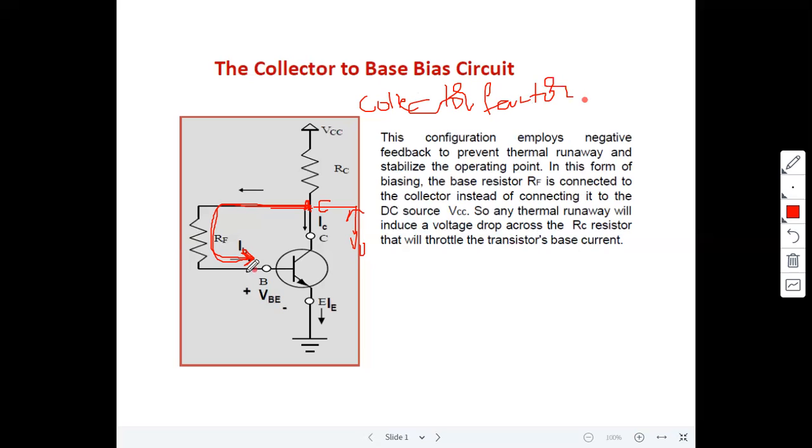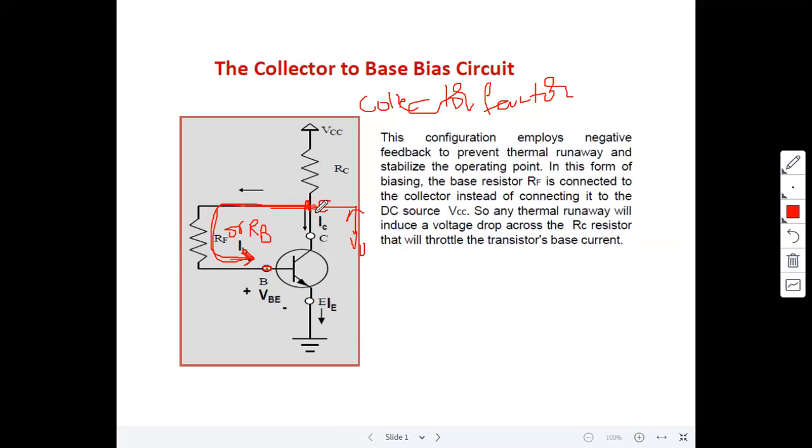So far we have seen different bias circuits. One is the fixed bias circuit. In fixed bias, this RF, or in some textbooks RB, the base resistor. Why is it called RF? It means feedback resistor. The resistor RB or RF is connected between the input node and the output node.